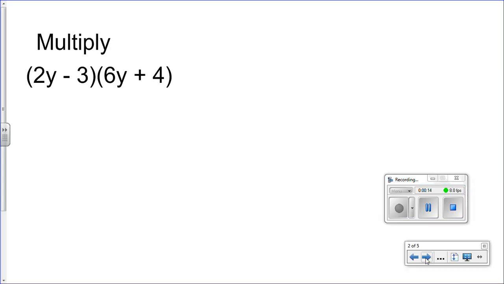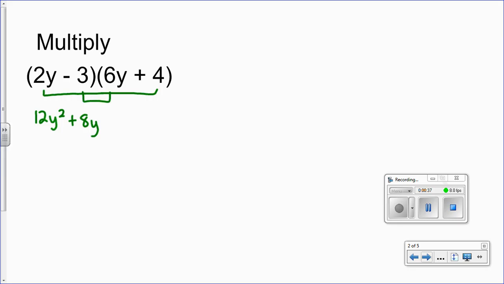Okay, so again, let's start off with just multiplying, using FOIL to see where our factoring comes from. If I FOIL this, I'm going to get 2y times 6y is 12y squared. And then my outer would be 8y.